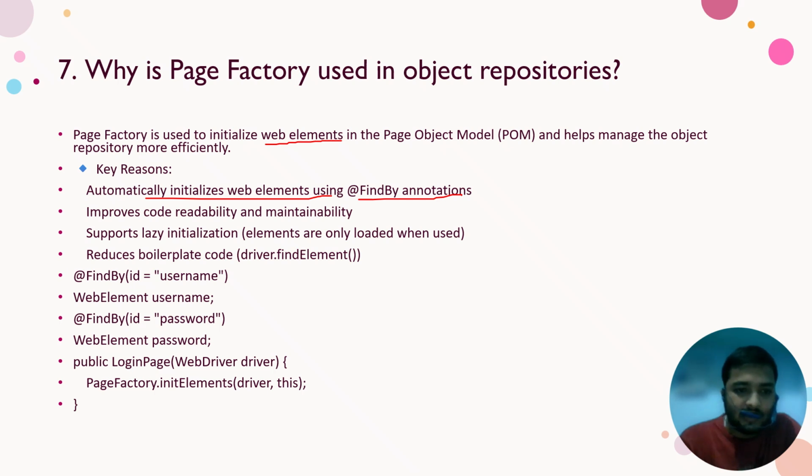We write @FindBy(id = "username") WebElement username, @FindBy(id = "password") WebElement password, and in the page login constructor with driver. At the end, Page Factory is initiated with the driver and this keyword.